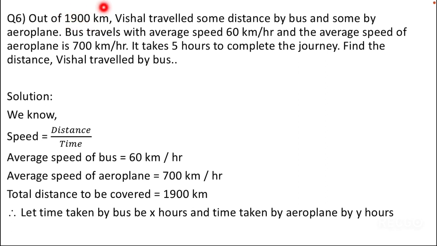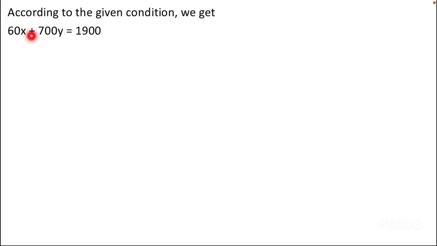So 60x plus 700y is equal to 1900 kilometers. To travel a total distance of 1900 kilometers, Vishal had to travel by bus, which had a 60 km per hour average speed, and by aeroplane, which had a 700 kilometers per hour average speed.